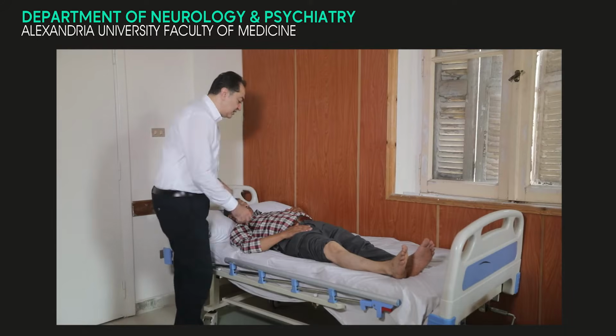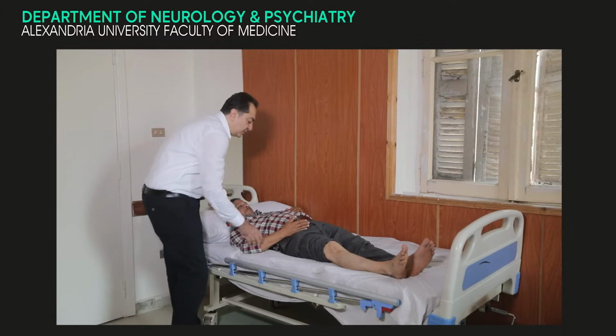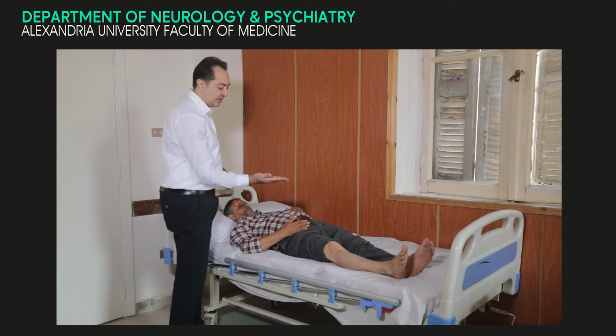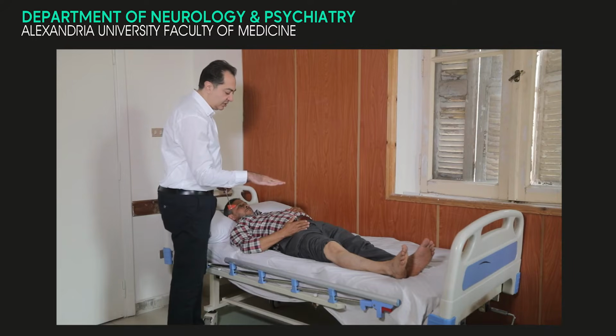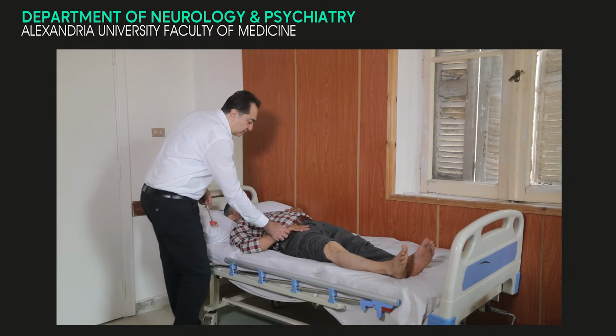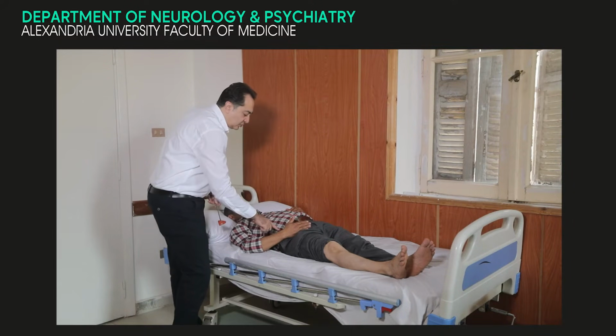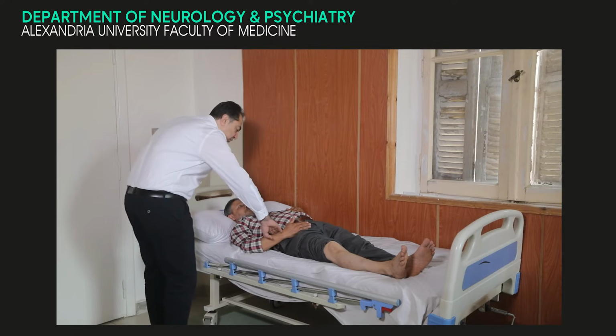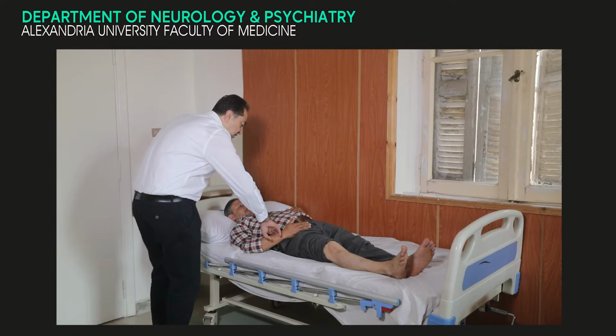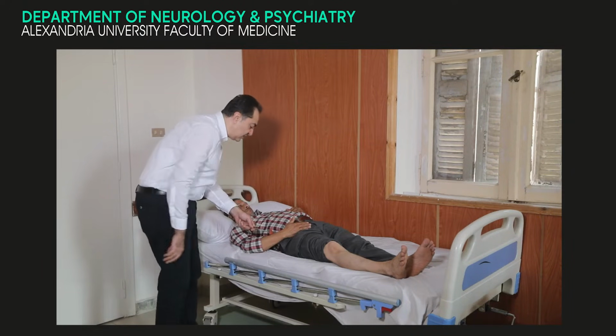The brachioradialis, I should put the limb midway between supination and pronation. This is pronation and this is supination, and we should put it midway like that. We should localize the styloid process of the radius, and go 3 fingers above and tap.